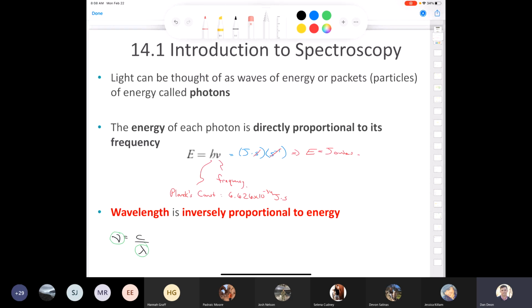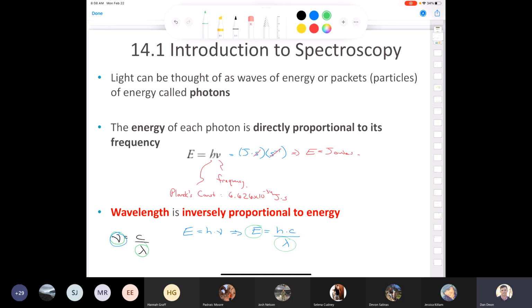If we know that energy is equal to Planck's constant times frequency, and we know that frequency is equal to c over lambda, we can say that energy is equal to h times c over lambda. And there we go. We can see how energy is inversely proportional to wavelength.